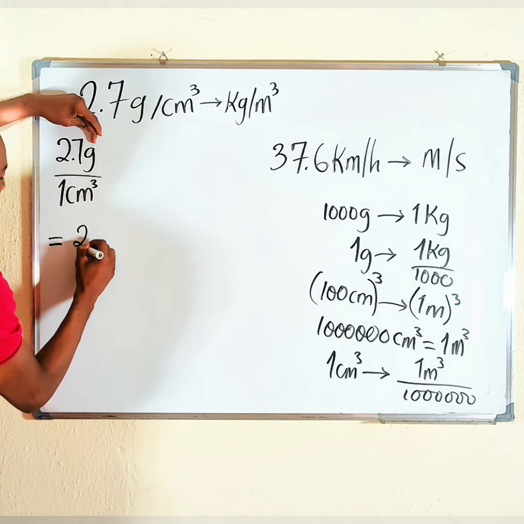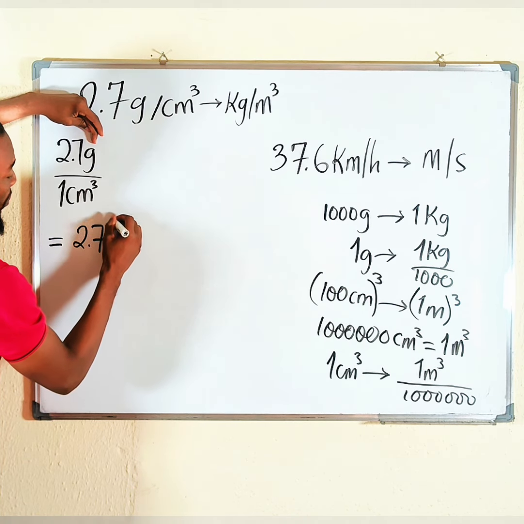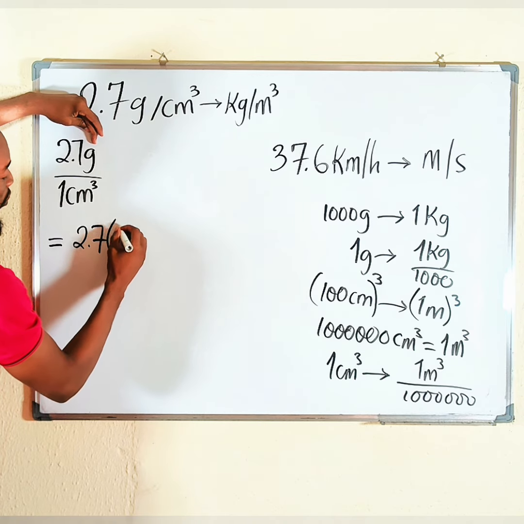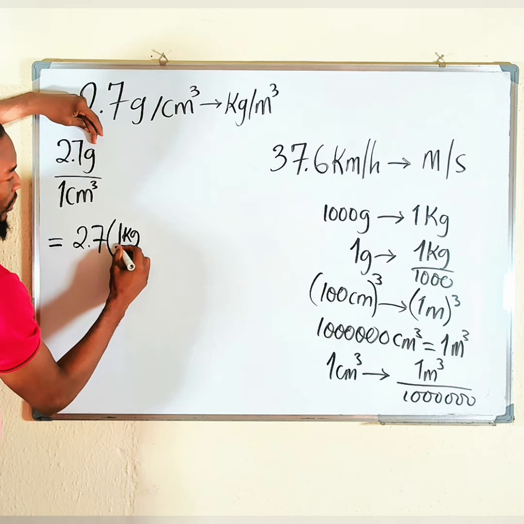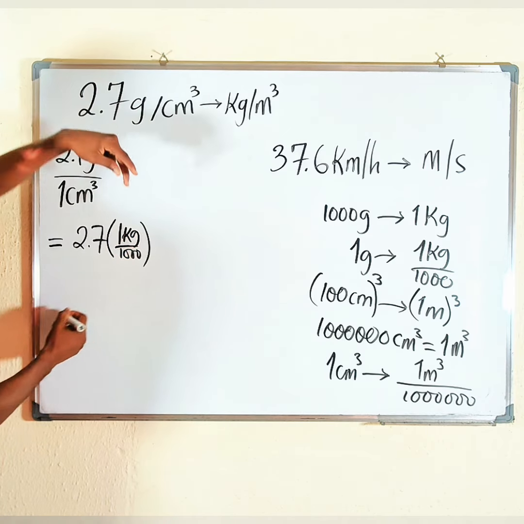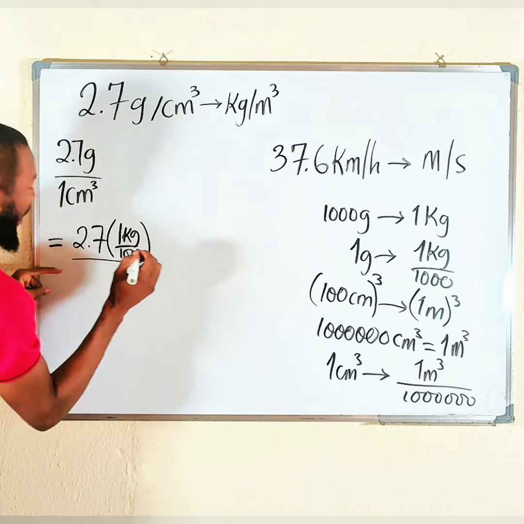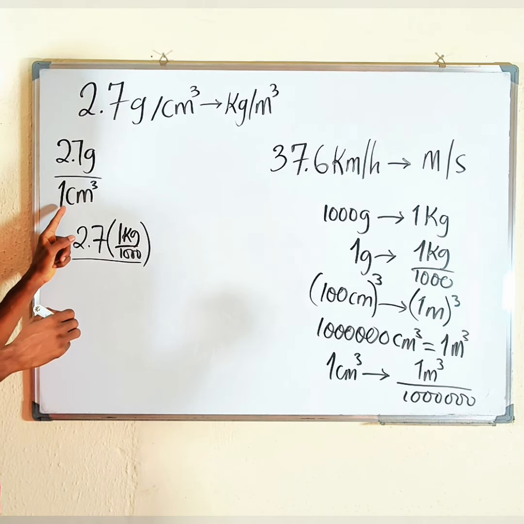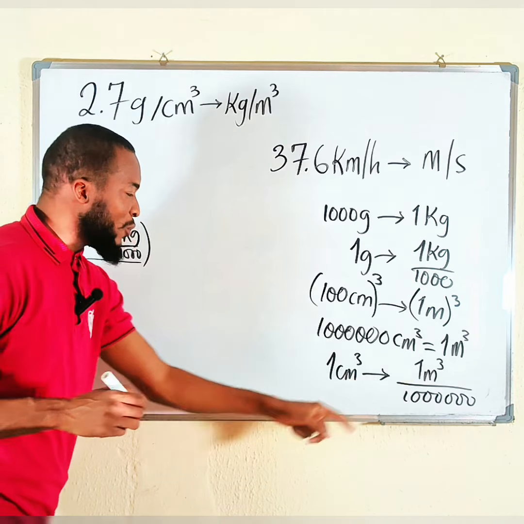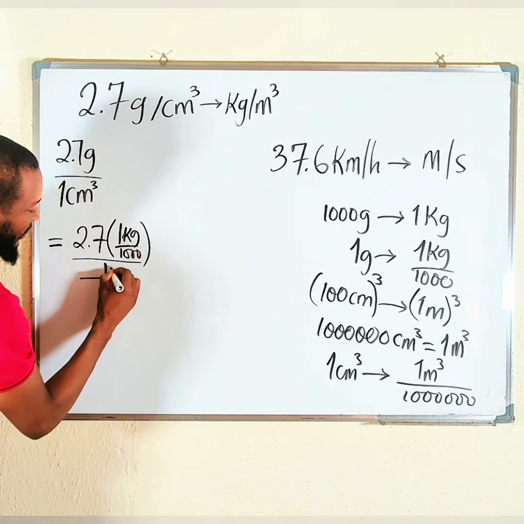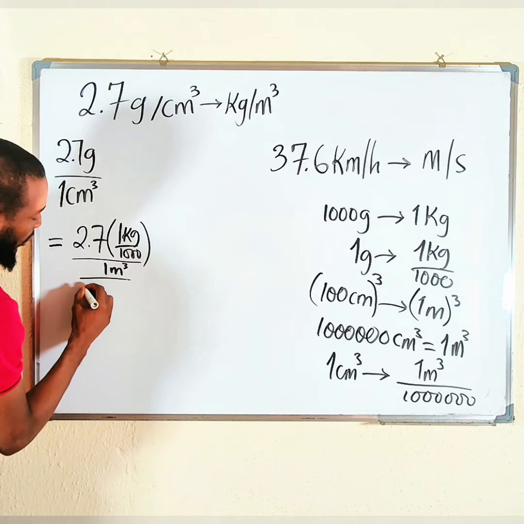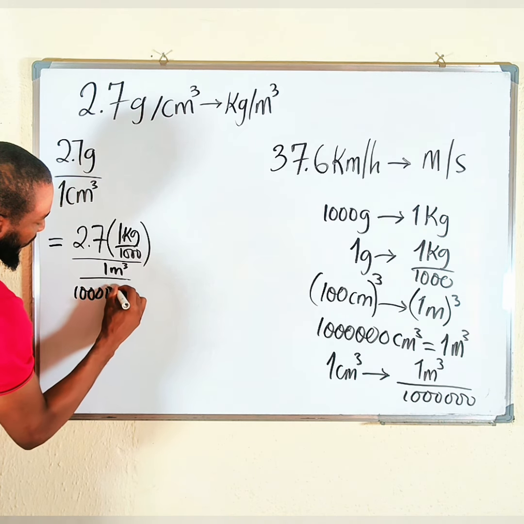So I have 2.7 multiplied by 1 kg divided by 1000. Instead of 1 cm cube, which we have here, replace it with that one. So you have 1 divided by 1 meter cube divided by 1 million.